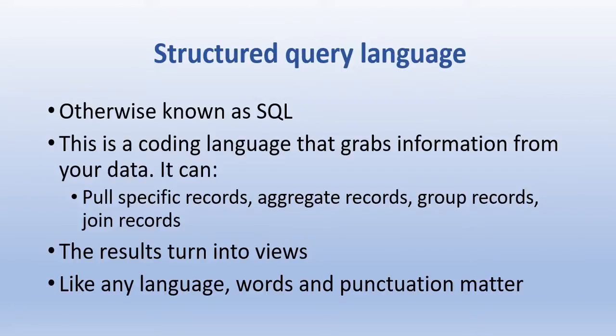And in some ways, errors are great, because rather than just spitting out information, SQL is telling you, no, I'm not going to give you anything, and I'm definitely not going to give you the wrong information, right? So errors are good, they're frustrating, but they're good, and you have to remember that like in any language, words and punctuation matter. So we'll be really strict about that.